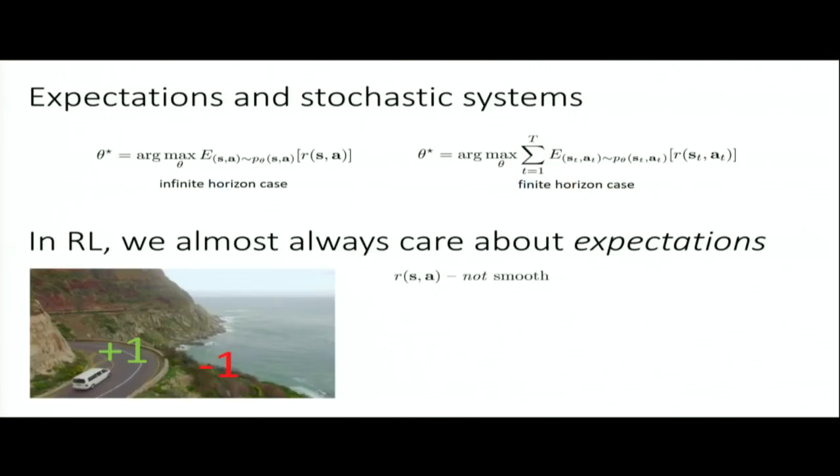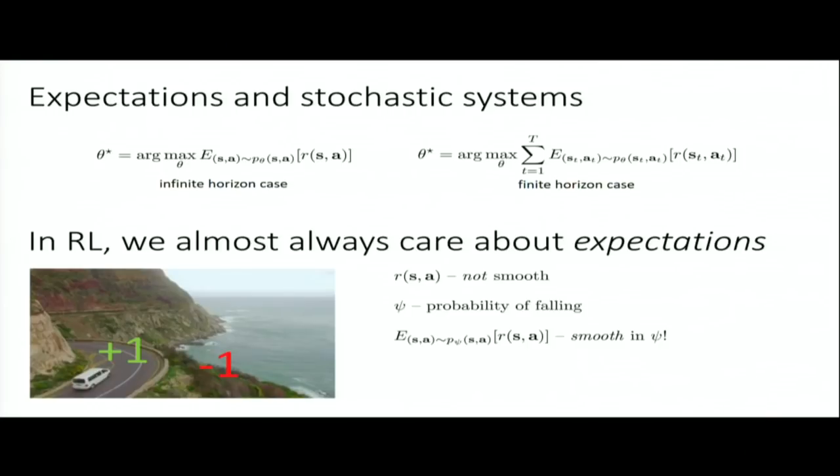So the reward function is not smooth in S. Maybe the state of the car is continuous, the position, the velocity, but the reward function is this very abrupt cliff. Literally a cliff: as soon as you go off of it, you're at -1. Let's say that we horribly abstract away the dynamics of the system, and just say there's some probability psi of falling off the cliff.